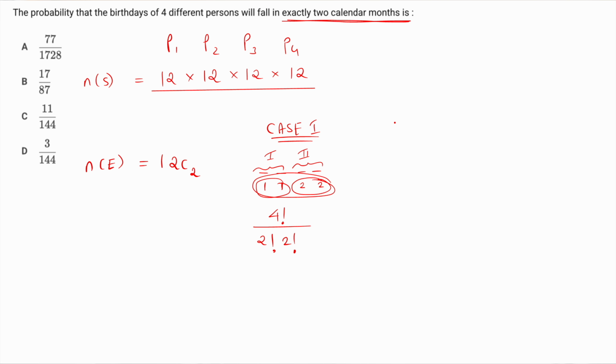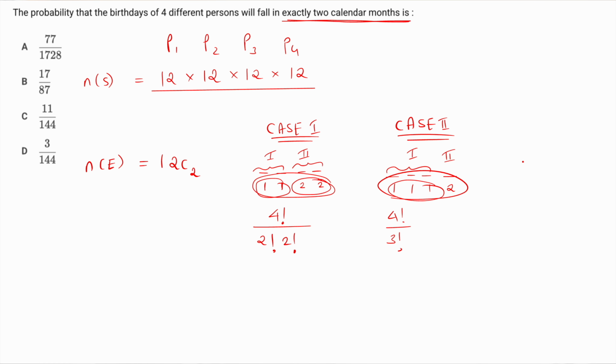Okay guys, we have a second case as well. In the second case, exactly 3 people can have the first month selected as their birthday, and the last person will have the second month selected as his birth month. So 4 objects, out of which 3 are alike. So 4 factorial divided by 3 factorial ways.